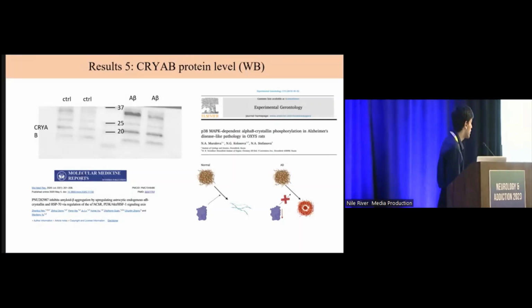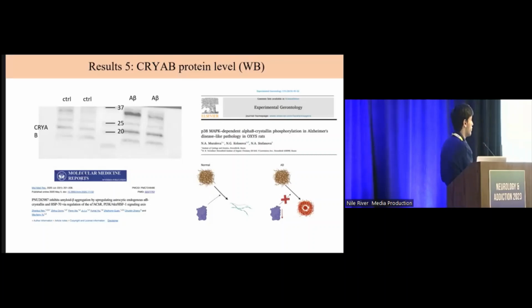After doing a bit of reading up in the literature on how CRIAB is affected within the cell, within the pathology, we very quickly found out that the CRIAB that we're seeing there could be a phosphorylated version of CRIAB. Because the samples in a Western blot are lysed, it is very likely that the CRIAB that is increased is the phosphorylated version of CRIAB.